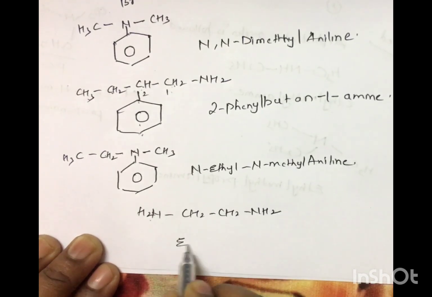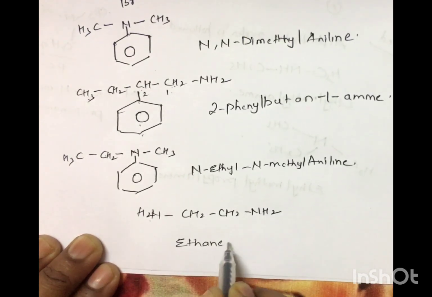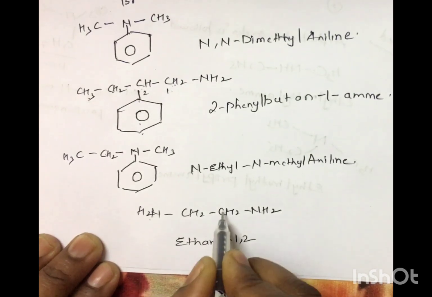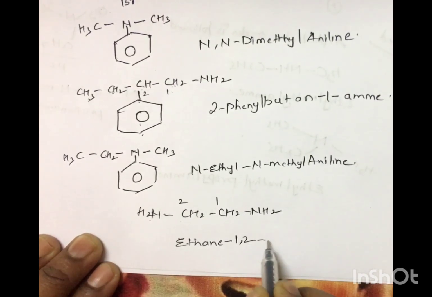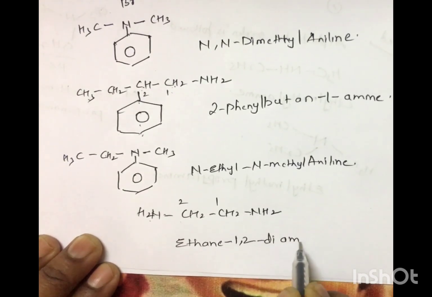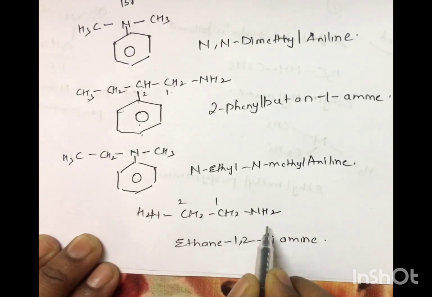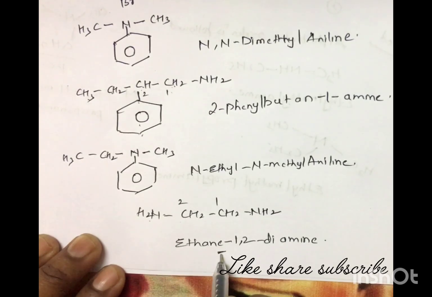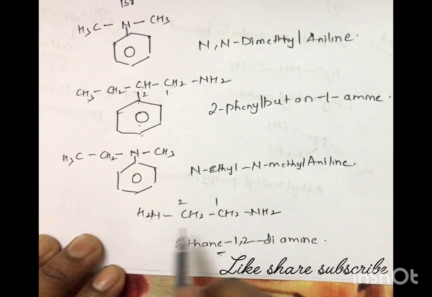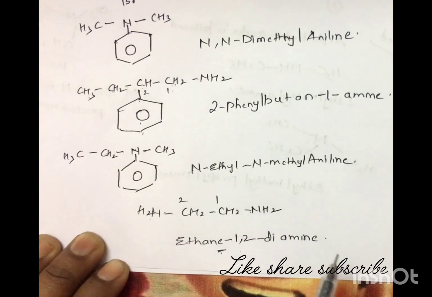So ethane 1,2 diamine. This is the first carbon, this is 1,2. So if more than one amine group is present, the E is retained from the respective alkane and a numerical prefix is added. So ethane-1,2-diamine is the compound name.